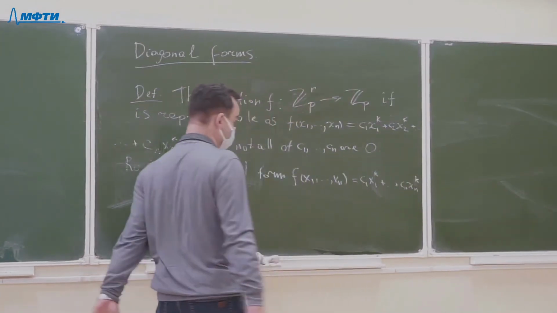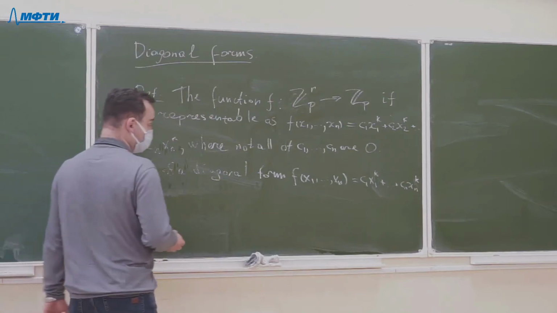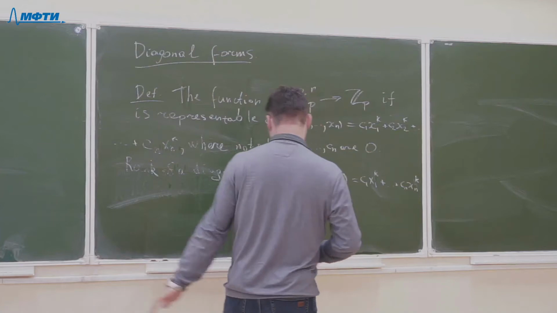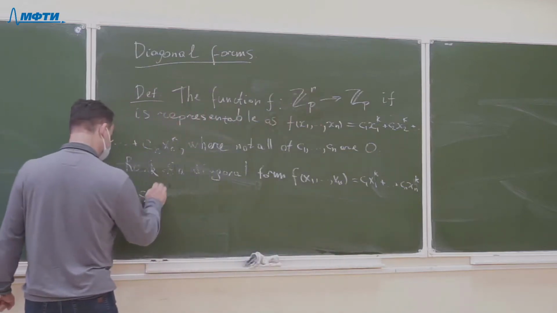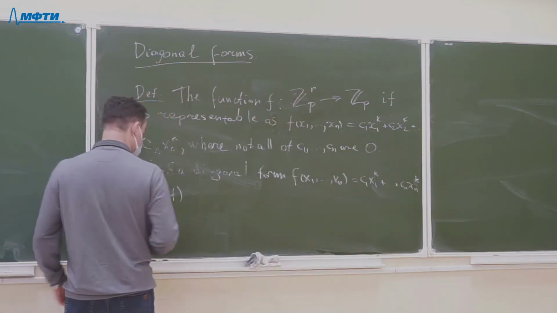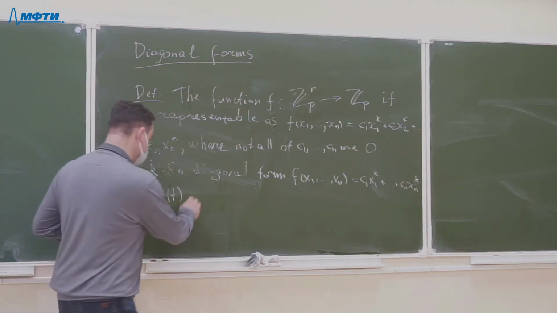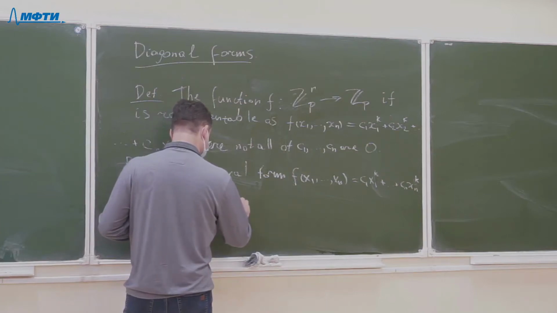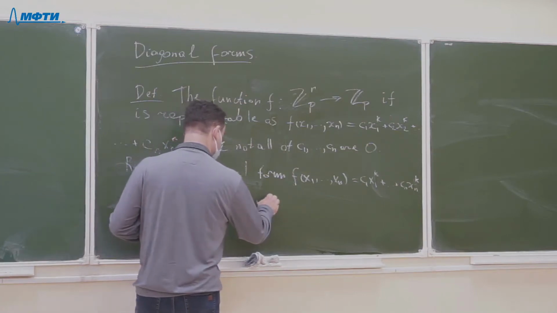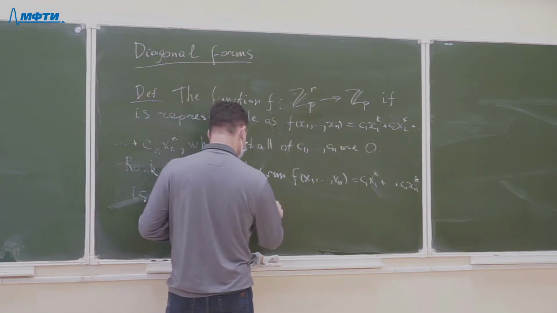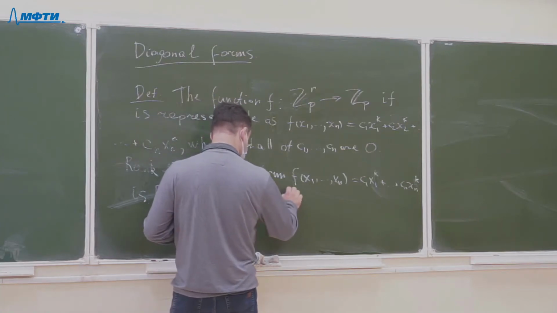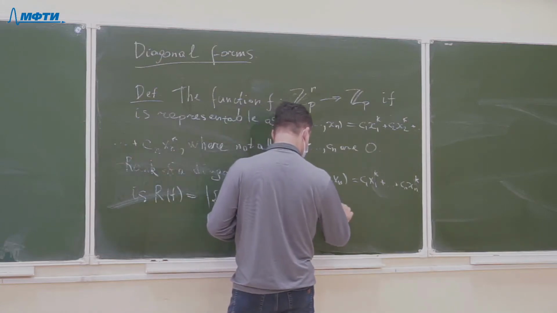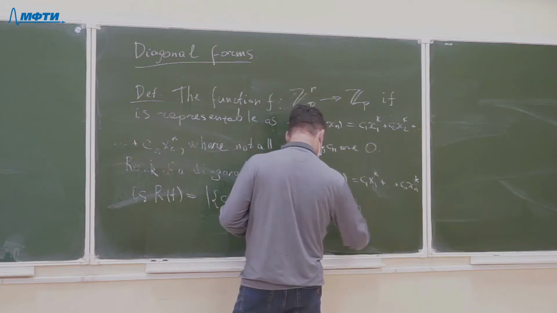The rank of the diagonal form is the size of its image. So the rank of f is the size of the set of values c1 x1 to the k plus ... plus cn xn to the k, whenever x1, ..., xn are in Z_p.